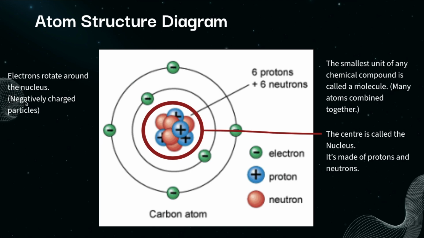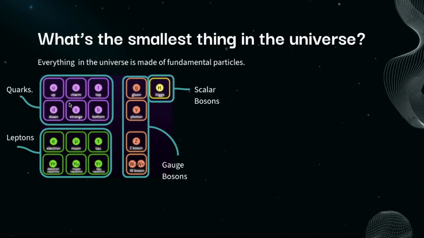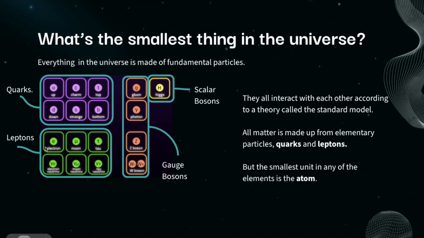And then we have the electrons, which are these green things, and they rotate around the nucleus, just like the planets rotate around the sun. The electrons are negatively charged particles. Now, if we go back again here, the electrons are part of the leptons group, so it is the smallest particle you can have. You cannot break it down any farther.